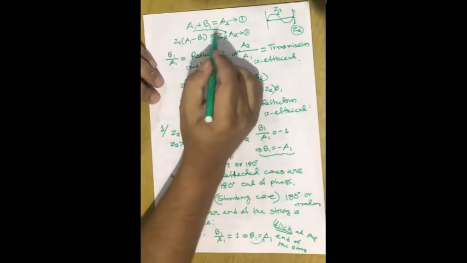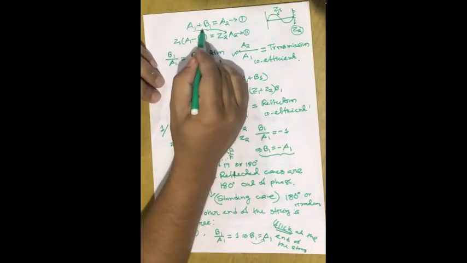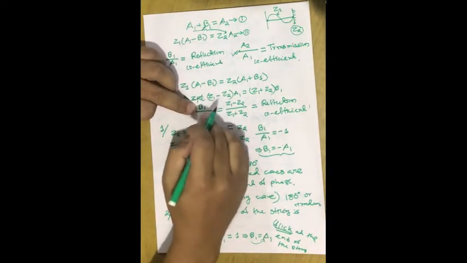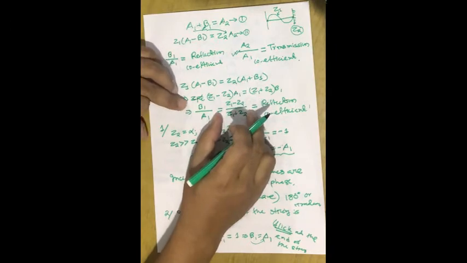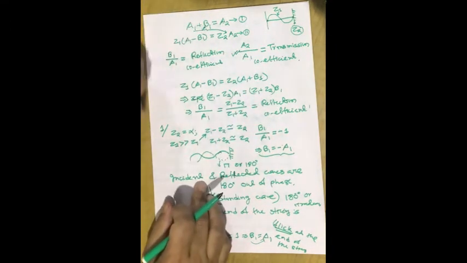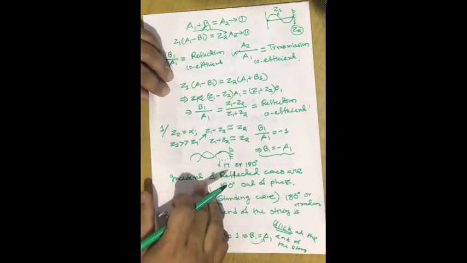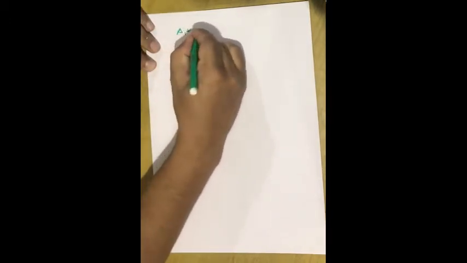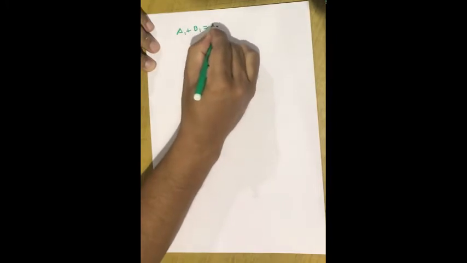So in the expression, we have to replace the value of B1. We know that B1 by A1 is equal to this value. So if we replace the value of B1 here, we can easily get the ratio of A2 by A1. So let's do it. We know A1 plus B1 is equal to A2.